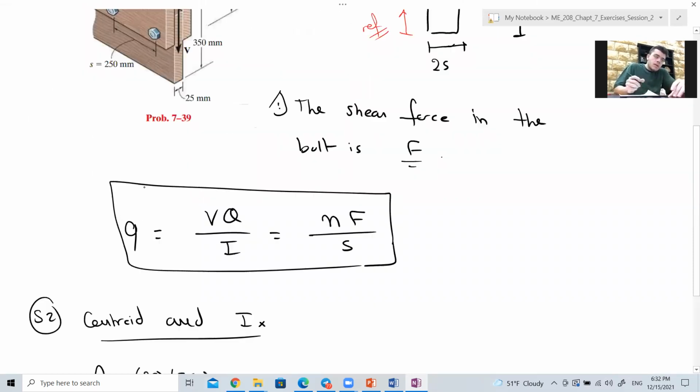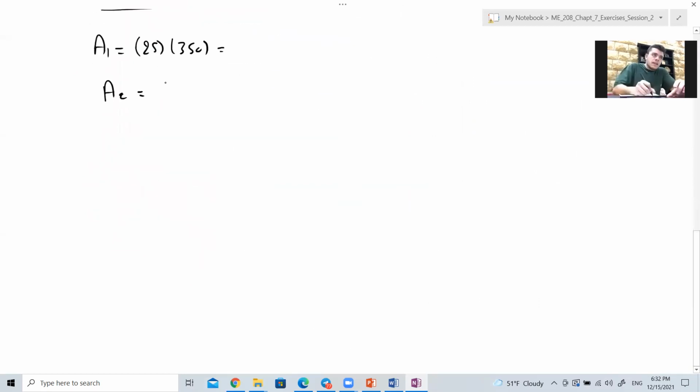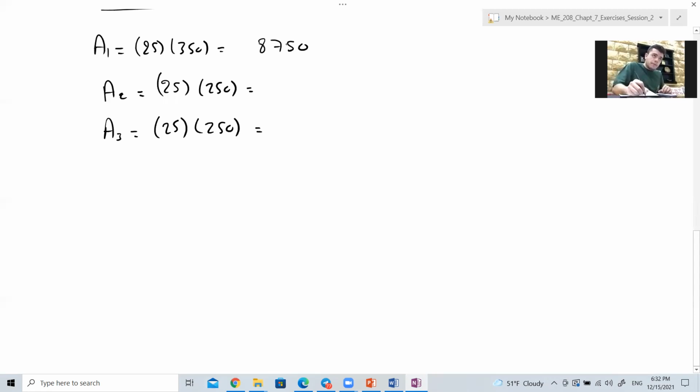Area 2 is this one, which is 25 times 250, which is the same as area 3, 25 times 250. So 25 times 350 for the first gives 8750, and 25 times 250 gives 6250. So the total area would be the summation of all of these, 21250.